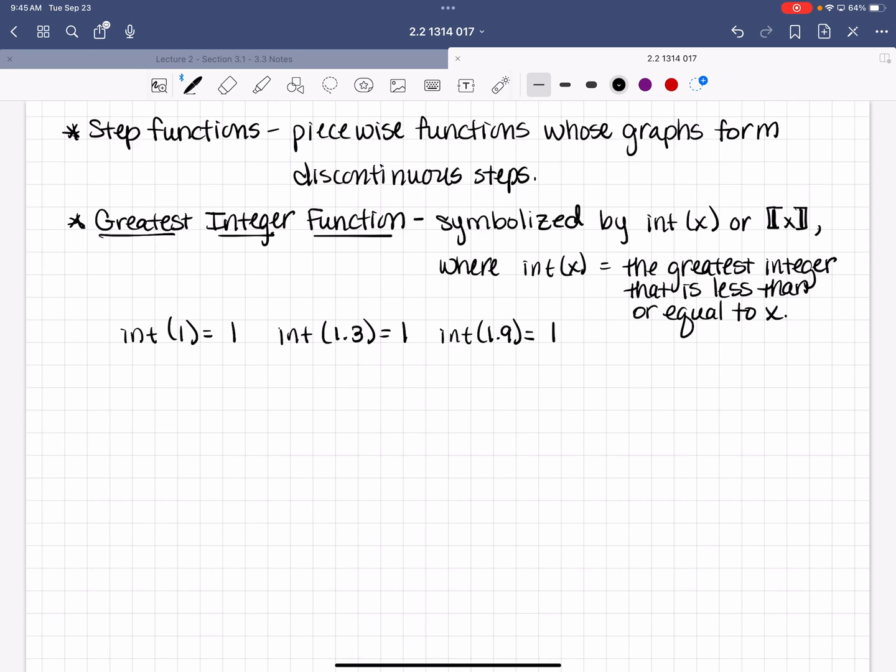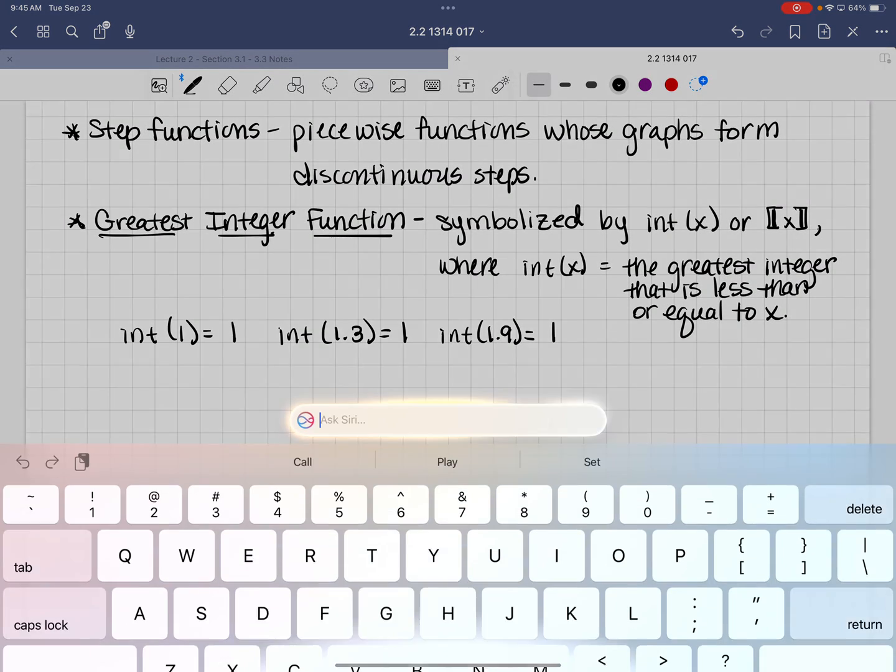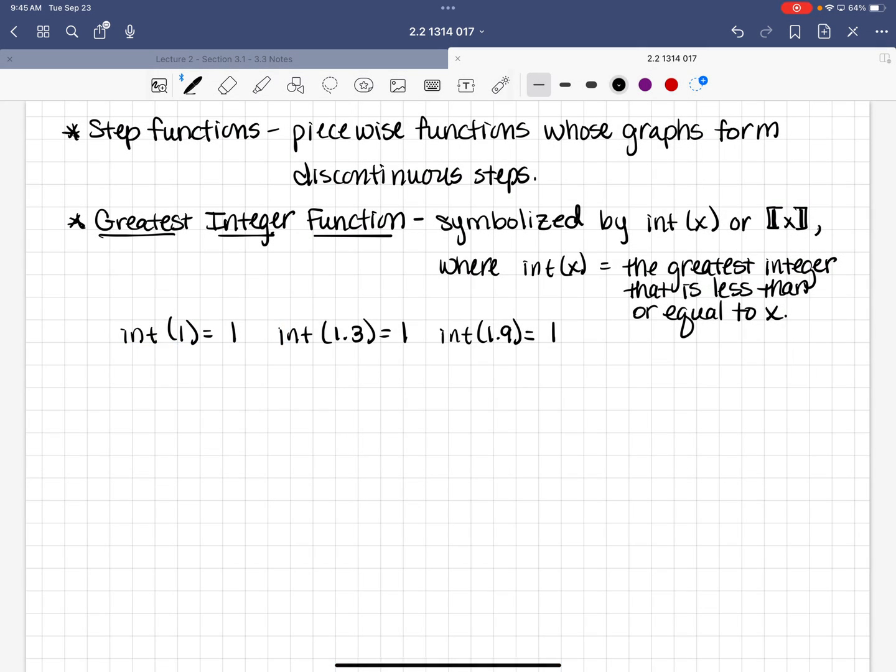Okay, it looks like this. They look like steps. They literally look like steps, guys. There'll be a closed circle at 0, 0, and then an open circle at 1, 0.